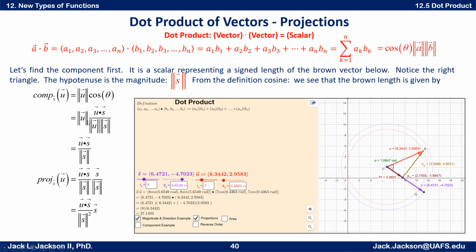See right here? And these u's cancel. So one way to get the component is, there's two ways here. You can take the size of u times the cosine of the angle in between, if you know the angle. If you don't, if you only know the two things in component form, compute the dot product this algebraic way, and then divide by the norm of the other one here.